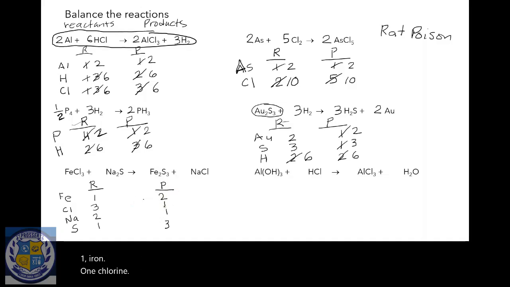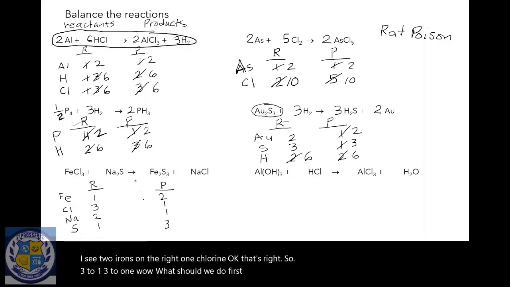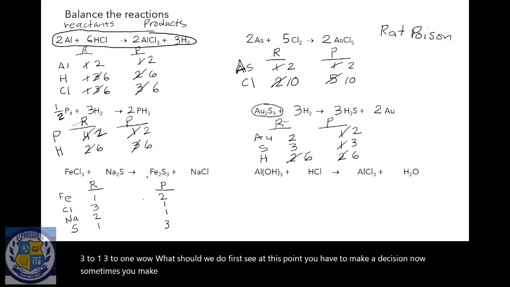I see 2 irons on the right, 1 chlorine. Okay, that's right. So 3 to 1, 3 to 1. Wow, what should we do first? See, at this point, you have to make a decision. Now, sometimes you make the wrong decision and you just have to back out. But so I'm gonna stick with the chlorine.